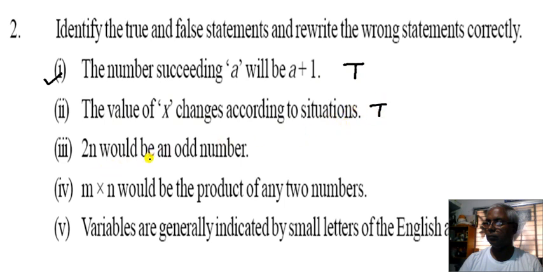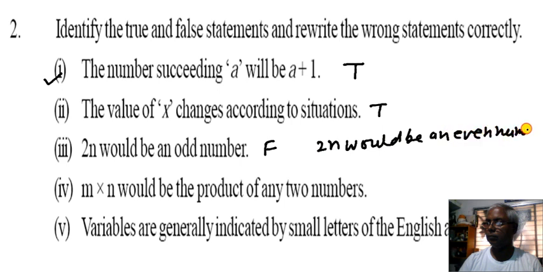Yes, it is true also. 2n would be an odd number. It is false. So you can write: 2n would be an even number.